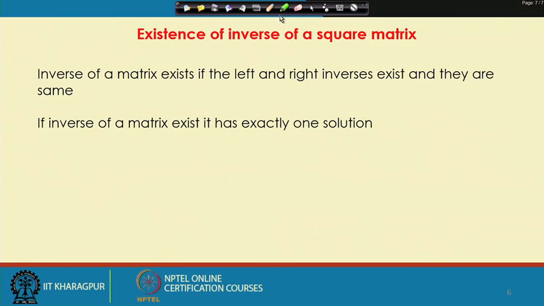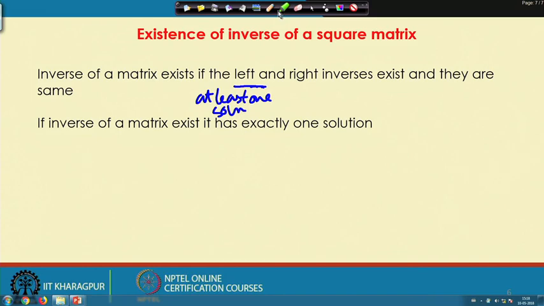If the inverse of the matrix exists, it has exactly one solution. Why? Inverse exists means that a left inverse exists, and a left inverse existing means that a solution exists, there is at least one solution.